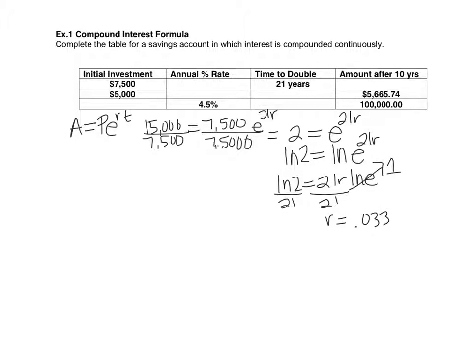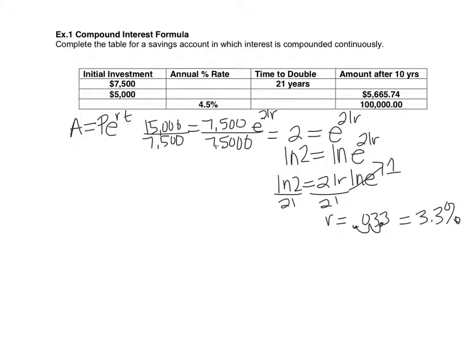Now, that is my rate in decimal form. Because it says annual percent rate, we want to make sure we write that as a percent. Remember, when you're taking it from a decimal to a percent, you move it 2 places to the right. And so my percentage is 3.3%.